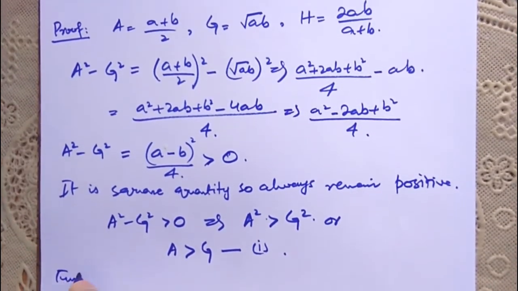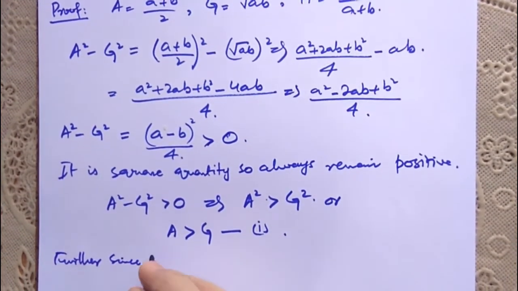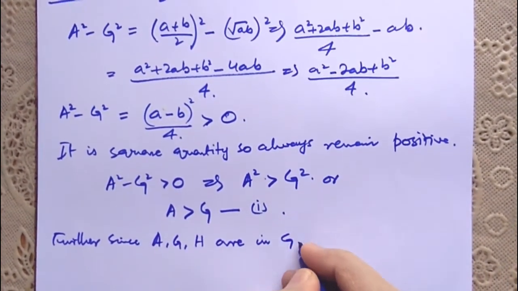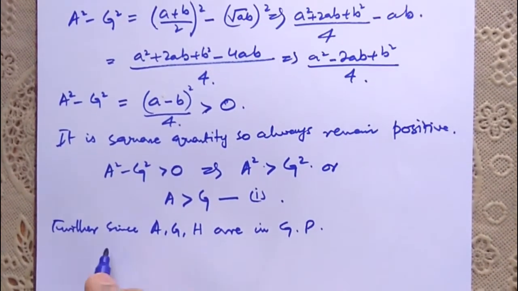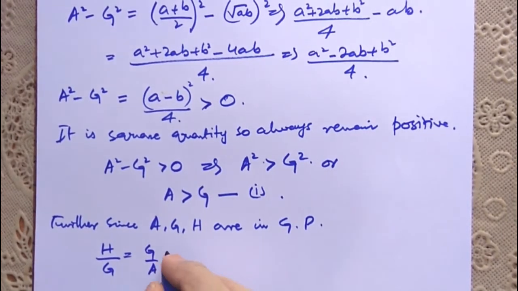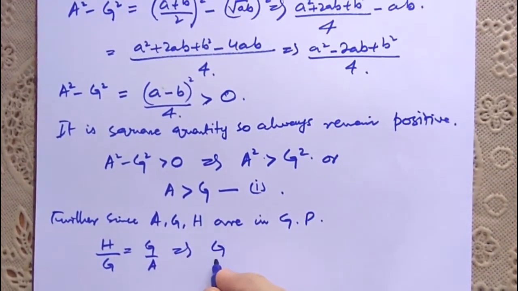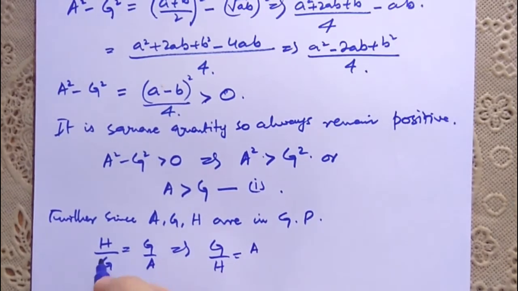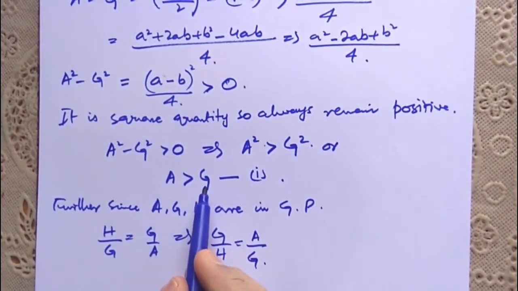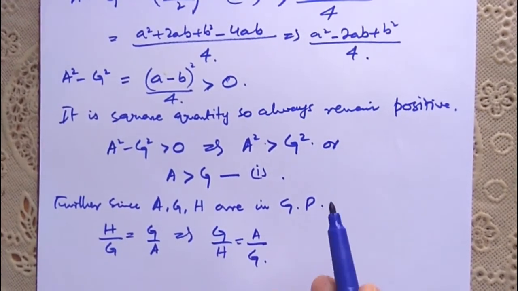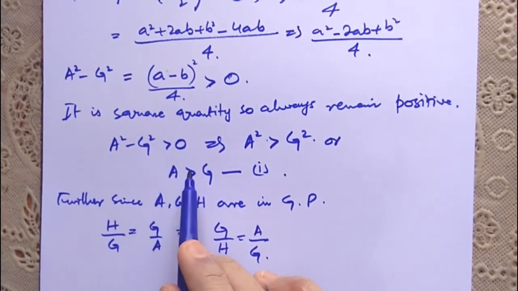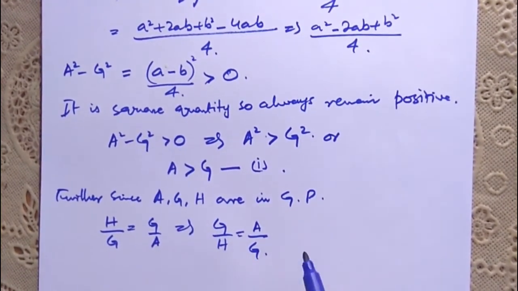Further, since A, G, H are in GP, the common ratio will be the same, means H upon G is equal to G upon A, or we can write G upon H is equal to A upon G, means reciprocal both sides. Now from 1, A is greater than G, and G is positive. So if G is positive and A is greater than G, it means that A is also positive.